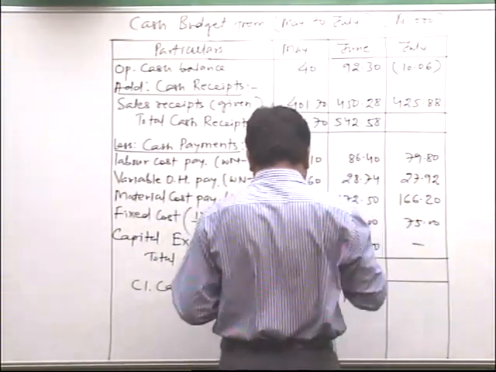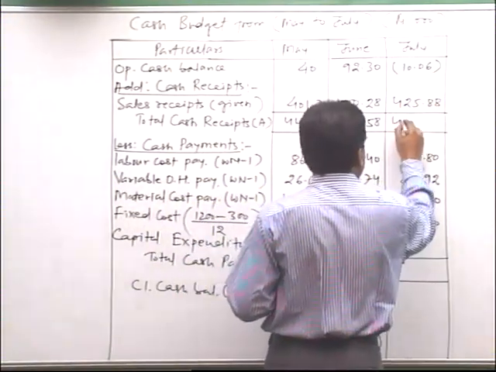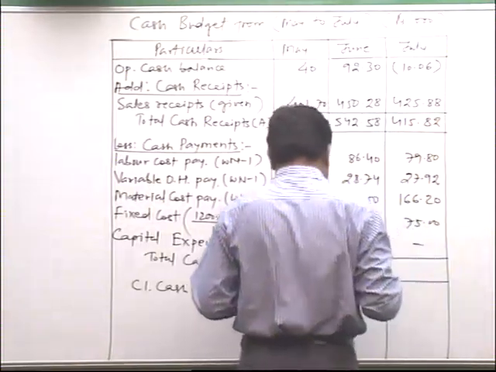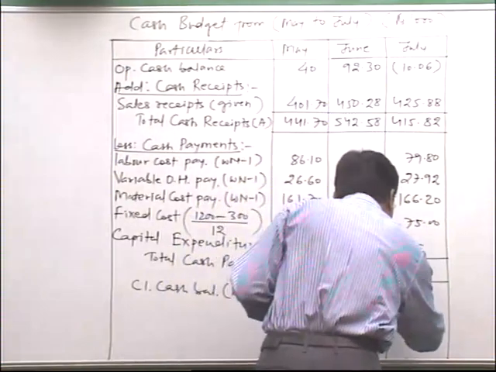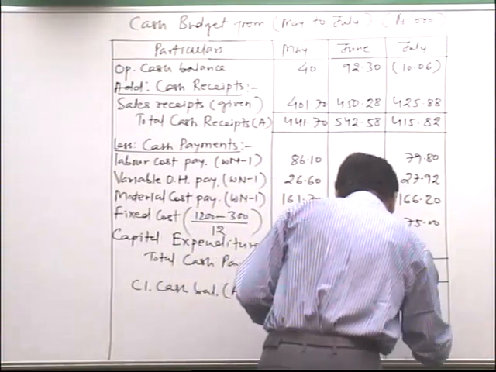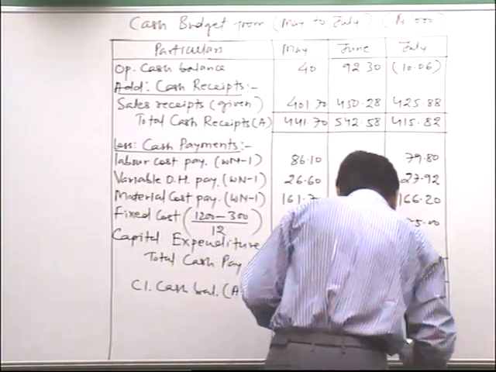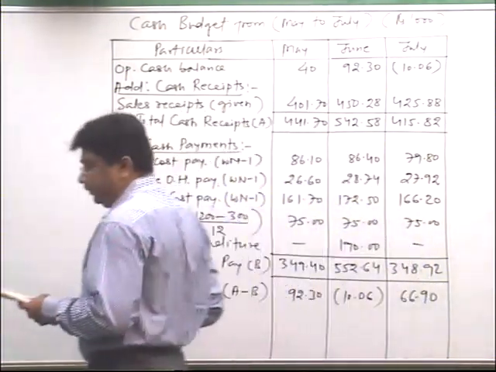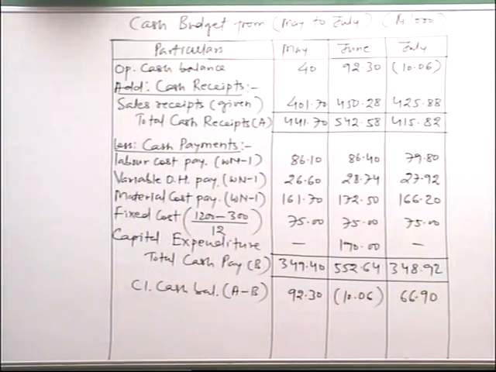Total receipt of July will be 415.82. Total payment will be 348.92 and closing cash balance will be 66.90. All the students are requested to write this.